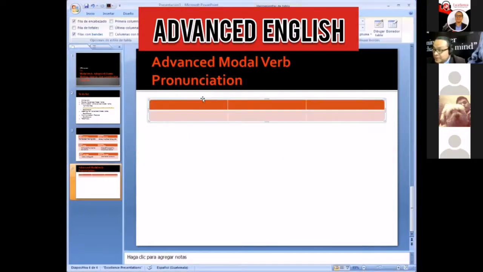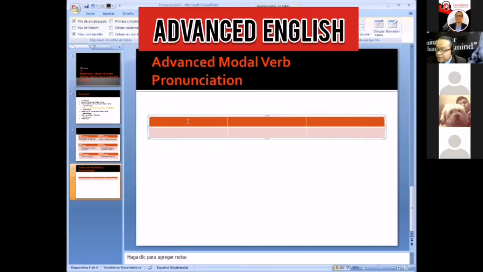Okay, so this is what's going to go on. We're going to have the contraction of the modal verb and the auxiliary have, and then we're going to have a reduction of the modal verb and the auxiliary, and here we're going to have a participle. So what does it mean? That we're going to talk in the perfect tenses, okay?